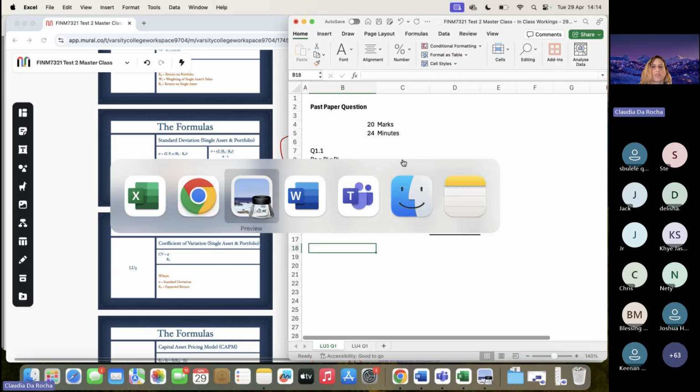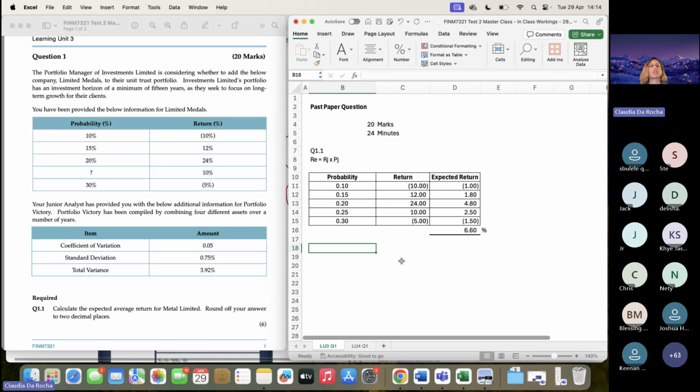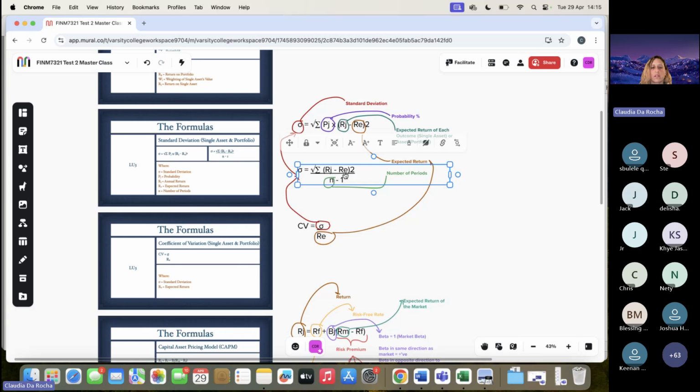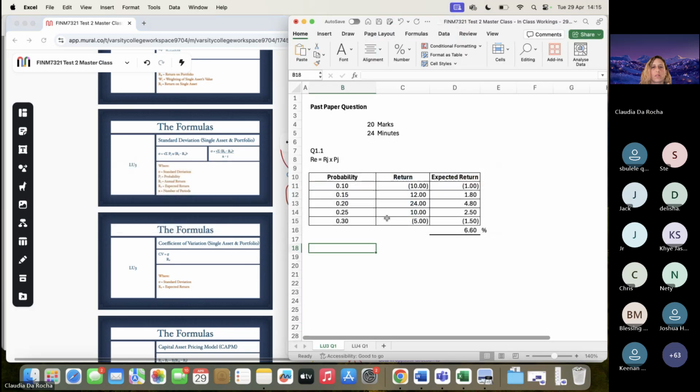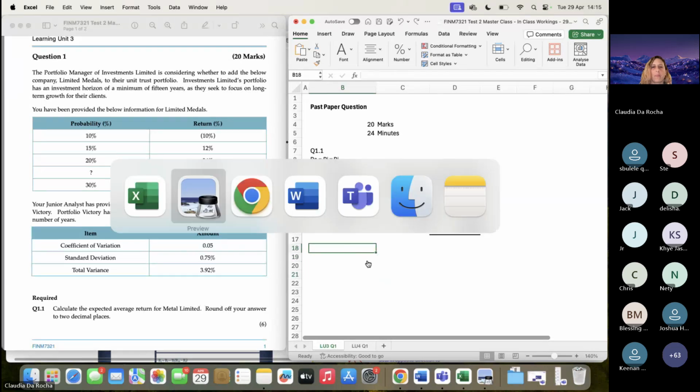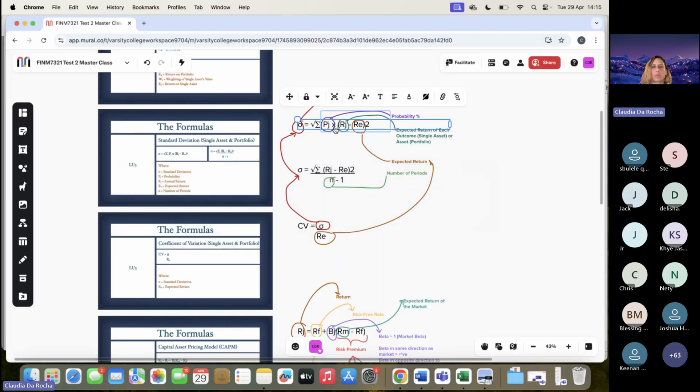Again, in my solution I would have done the formula method, so I would have included the formula, but we're going to do the table method. Just to remind us of our formula, we're taking this one as the probabilities.